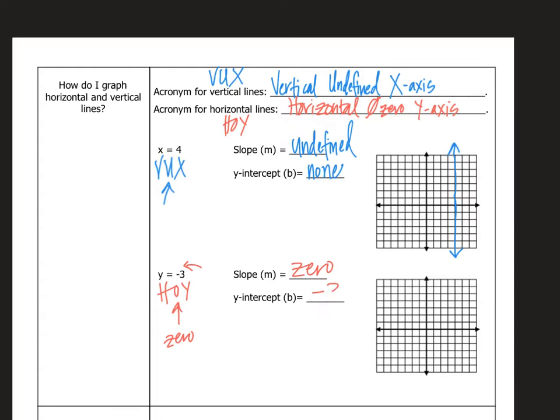So -3 is our y-intercept. Okay, so now I need to go to -3. I need to go to my y-axis and then go to -3. And -3 is right here. And now I'm going to draw a line that goes from left to right. And there is my line for y equals -3.